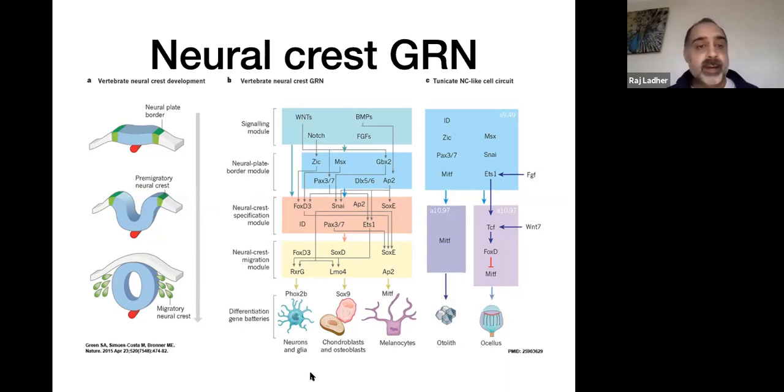I don't want to talk too much about this, but those who are interested are directed to several reviews from Marianne Bronner, which are uniformly excellent. She's a great writer, and she has done a lot of work in understanding the regulation of neural crest.